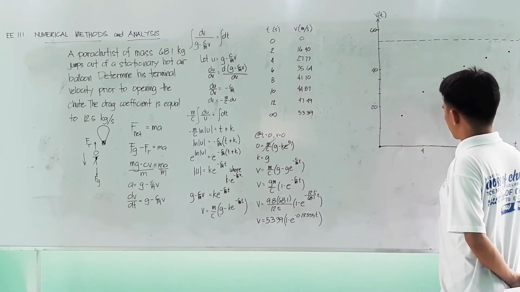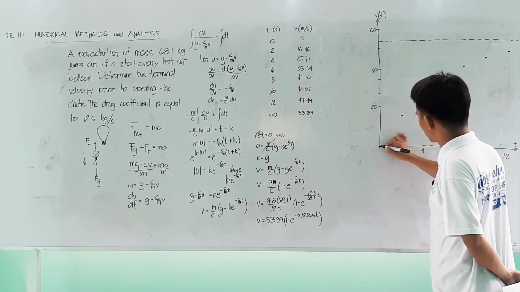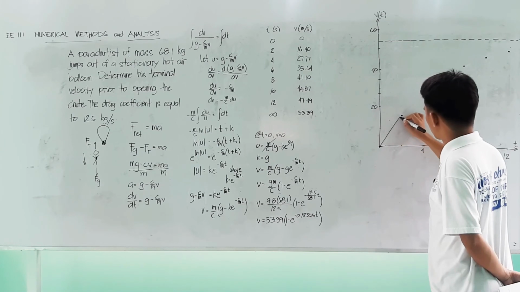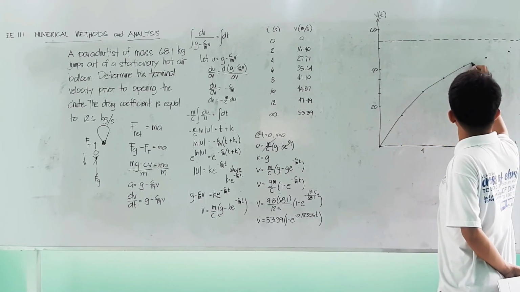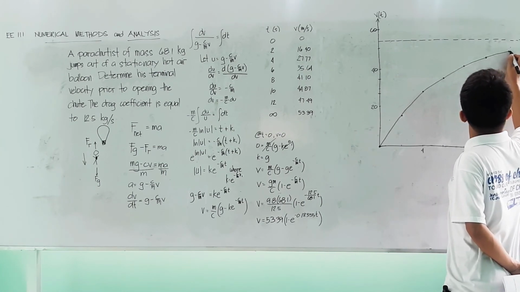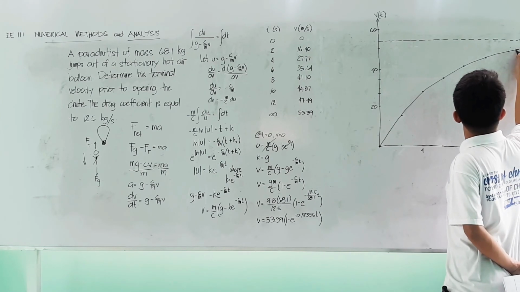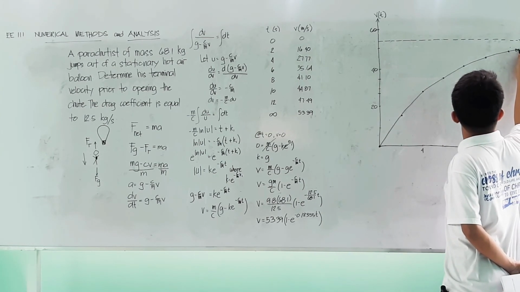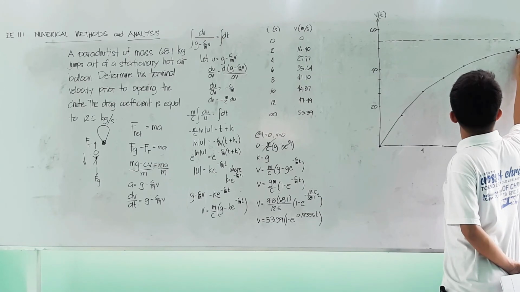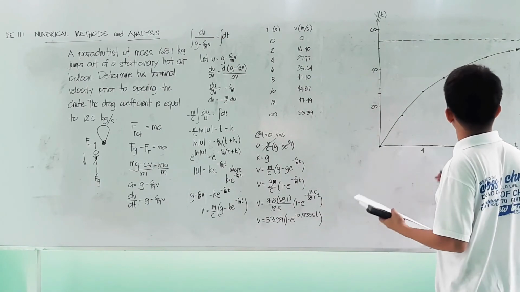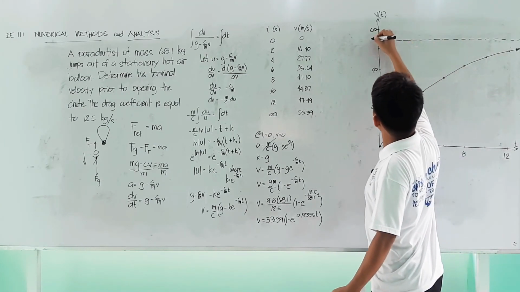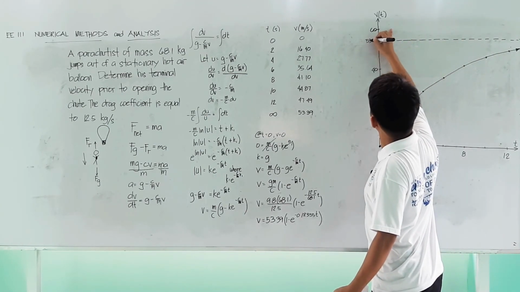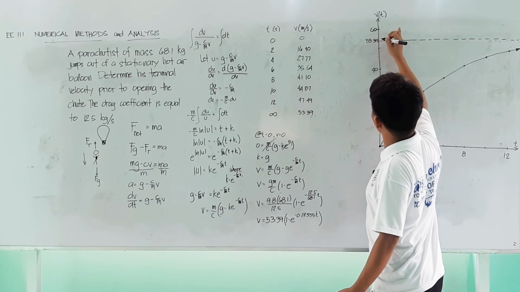If we are to graph this one, it will become like this, until it reaches the terminal velocity of 53.39.